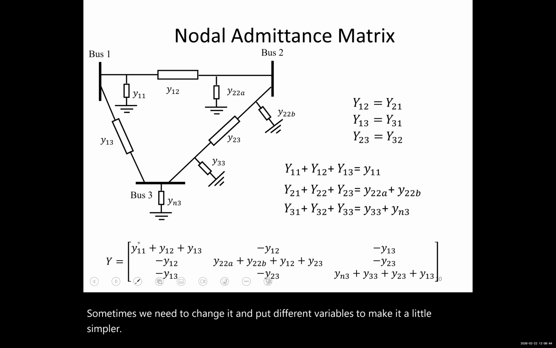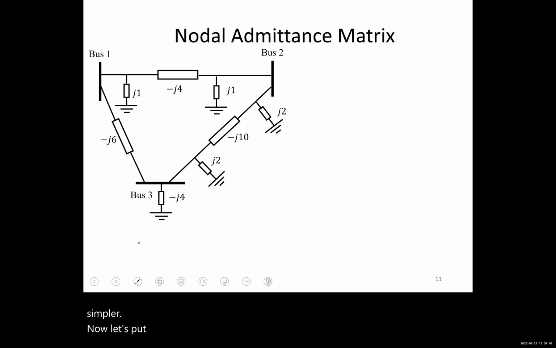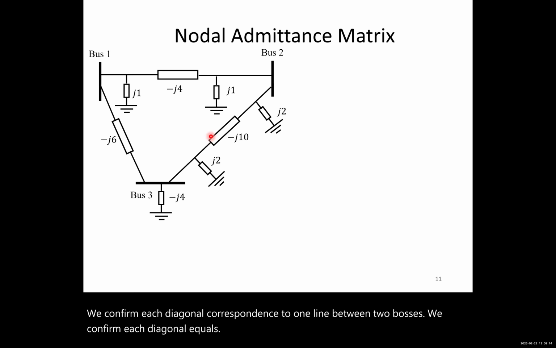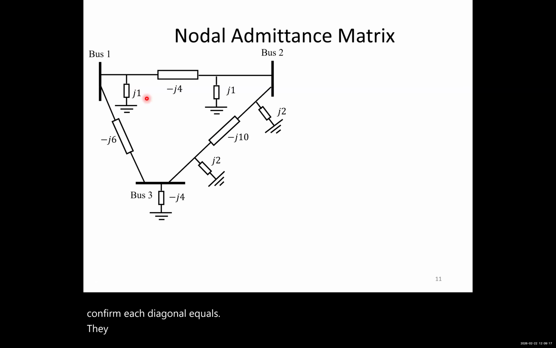Now let's put some numbers and solve it for a bus with numerical values. Here we have a numerical Y bus. We treat it as a verification exercise. We confirm each off-diagonal corresponds to one line between 2 buses, and each diagonal equals the sum of connected branches.